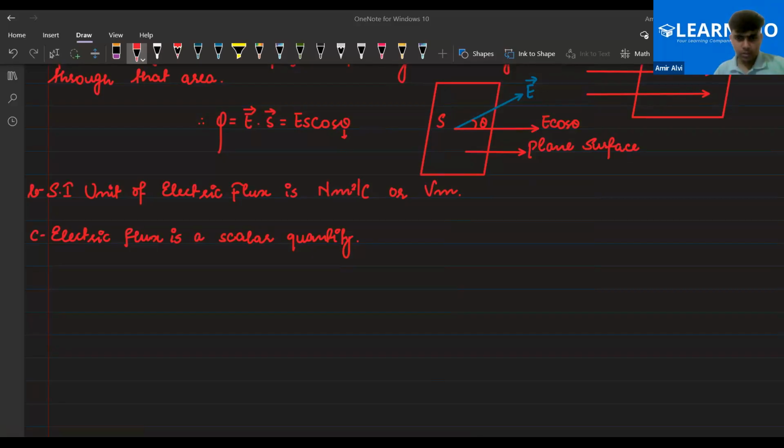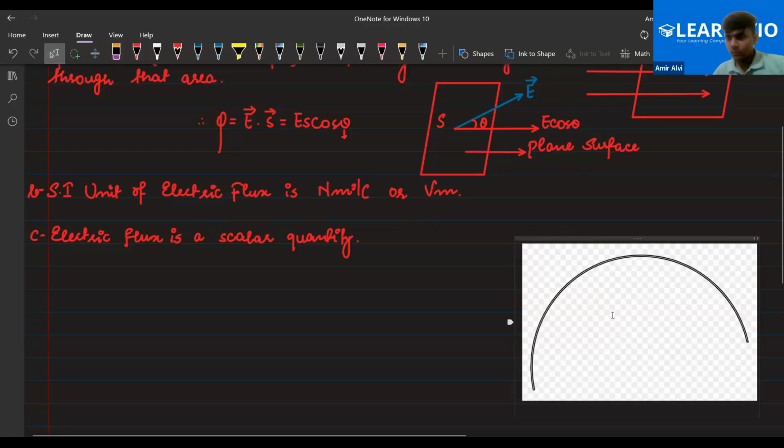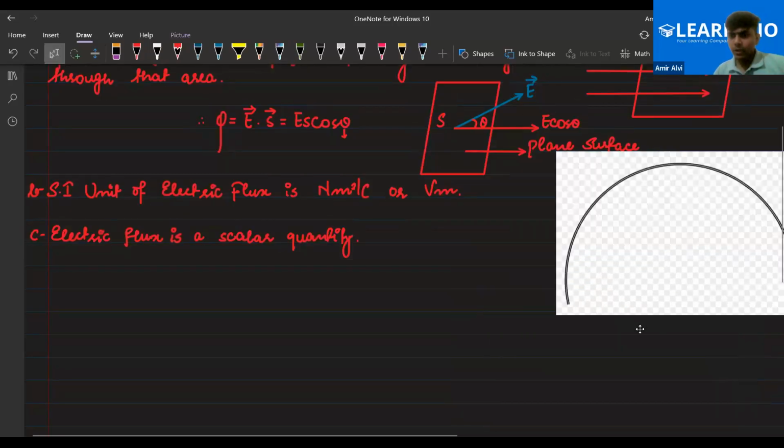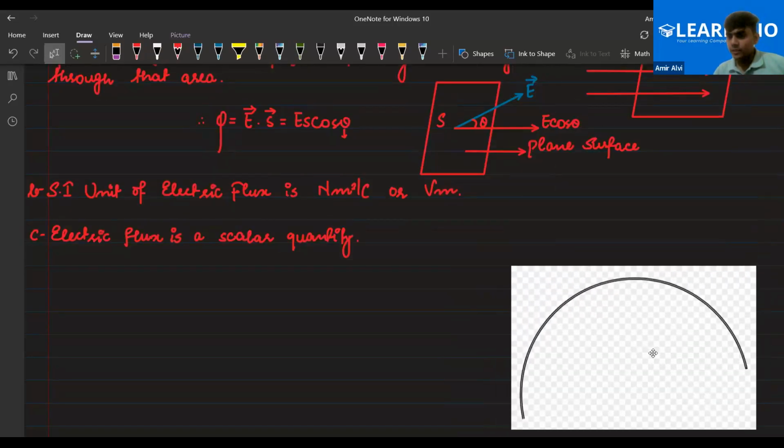Let me find this image and paste it over here. As you can see, it is a curved surface, right? Yes, sir.